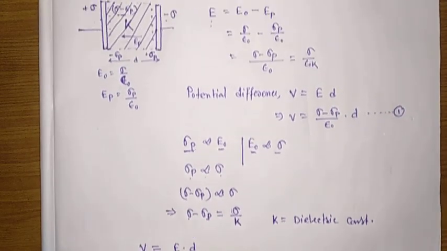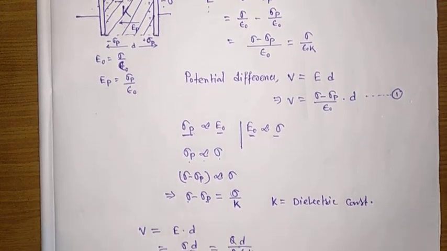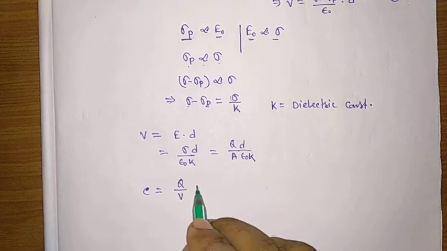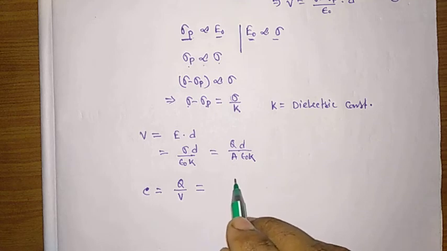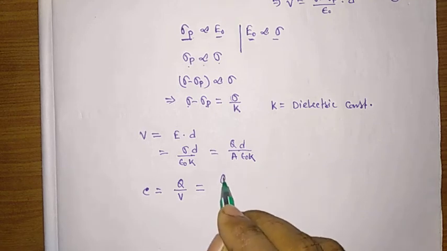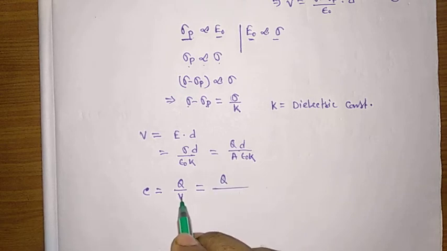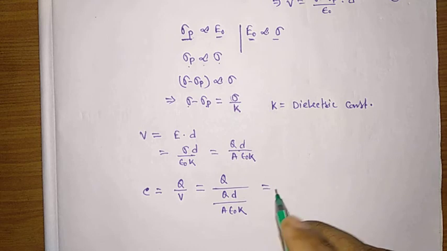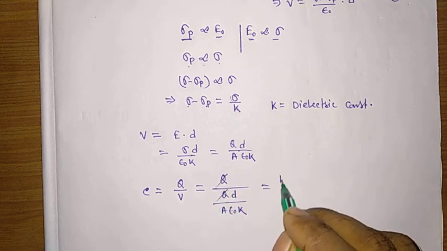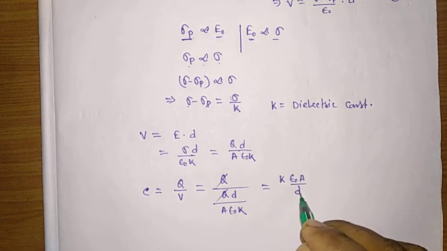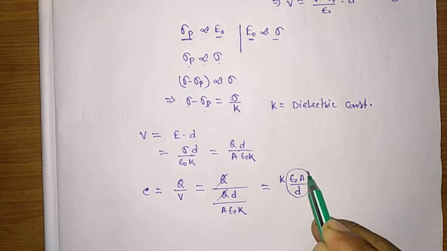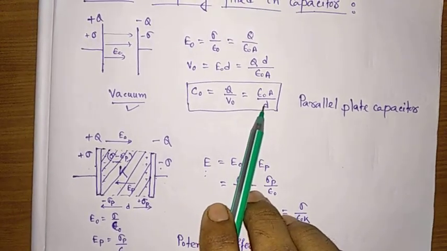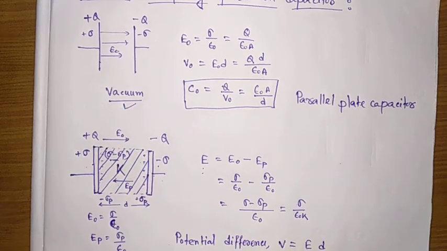Now we have to find the capacitance between the two plates. The capacitance C is simply Q by V. Q stays as it is, and in place of V we write Q D divided by A epsilon naught K, and Q gets cancelled, giving K epsilon naught A by D. Here epsilon naught A by D is the capacitance of the parallel plate capacitor when the medium is vacuum, C naught.